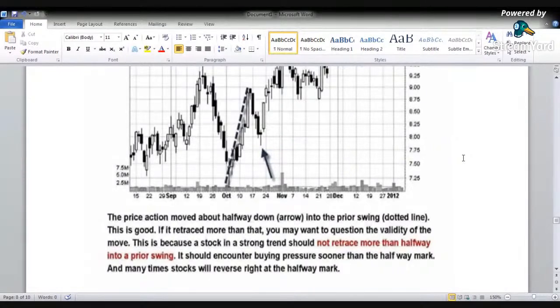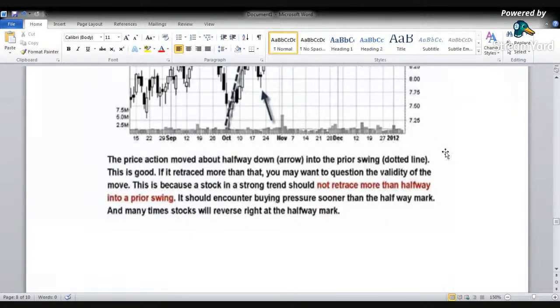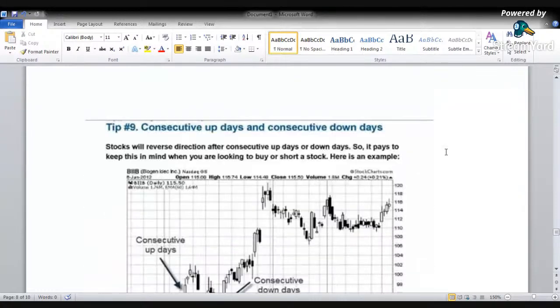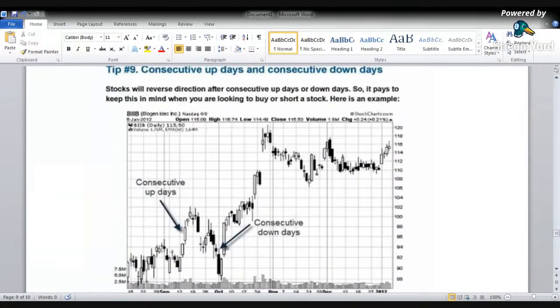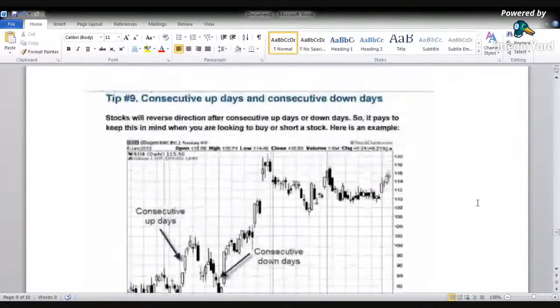But if ever he bounces above 50%, so there's a validity that this is going up. So you need to see all of this in the chart. It's very important. Okay, tip number 9 is consecutive up days and consecutive down days.